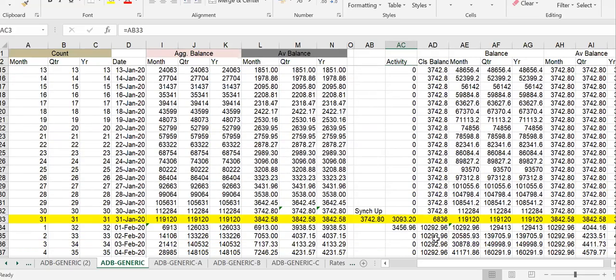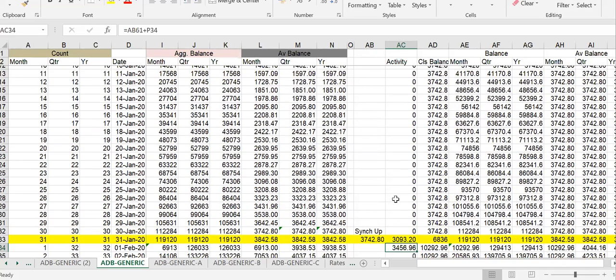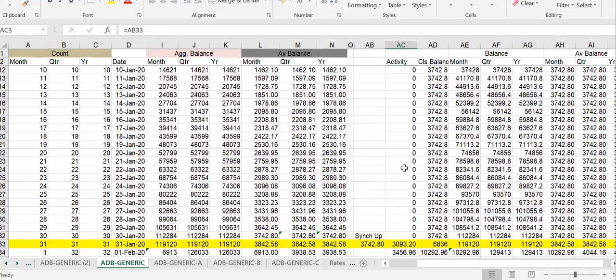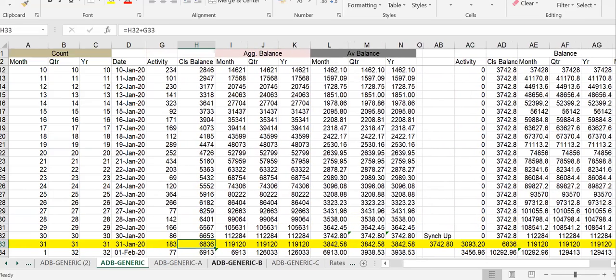Because I just said in the previous video, it's a newly created account in our system. But here we see this is the sync up amount minus the previous day closing balance. So that is the amount of the first day journal. And for the last day journal, the amount is the closing balance minus the sync up amount. This is what I have done.